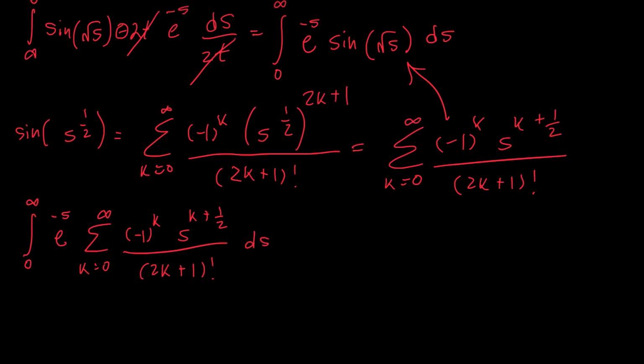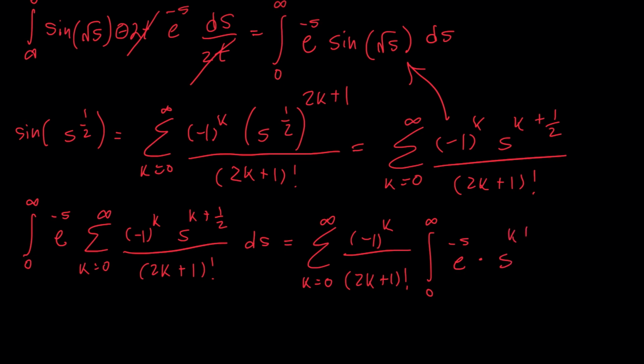And then swapping the sum and integration, we're going to have the sum from 0 to infinity, negative 1 to the k over 2k plus 1 factorial, and then the integral from 0 to infinity, e to the negative s times s to the k plus a half ds.